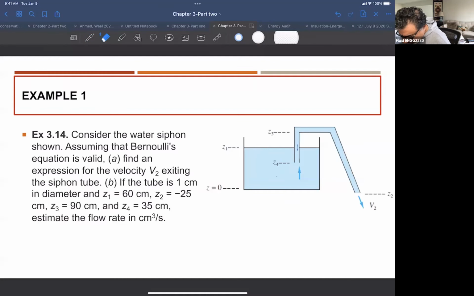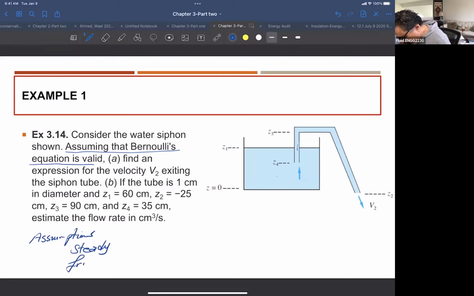Assuming that the Bernoulli equation is valid. So the Bernoulli equation is valid means, let's say, steady flow, right? So all the assumptions are valid: steady flow, frictionless, along the streamline.